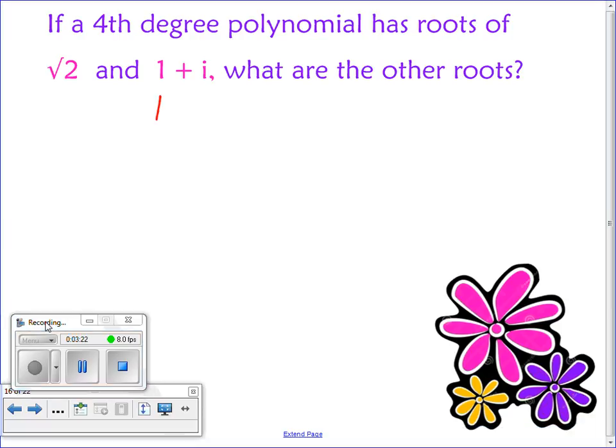You have to have a 1 minus i, because i's come in pairs, 1 plus, 1 minus. And then I also have a negative radical 2. Radicals, this is the start of it. Radicals come in pairs, and i's come in pairs. So if you have a positive, you also have the negative. If I have a negative, I also have the positive. So 1, 2, 3, 4, I have my 4 answers.